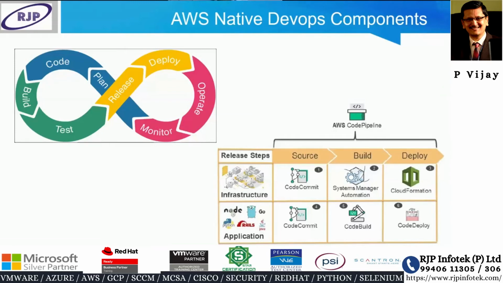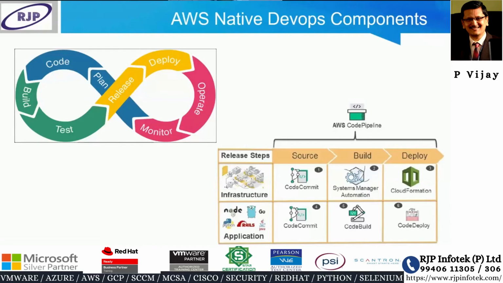A lot of cloud native development is happening. Why is that so? We saw some time back a component called Lambda. It can execute on your behalf. So you don't have to build infrastructure to run your Python program, your Node.js program, your Java program, your C# program. Just leverage the available serverless execution engine Lambda.